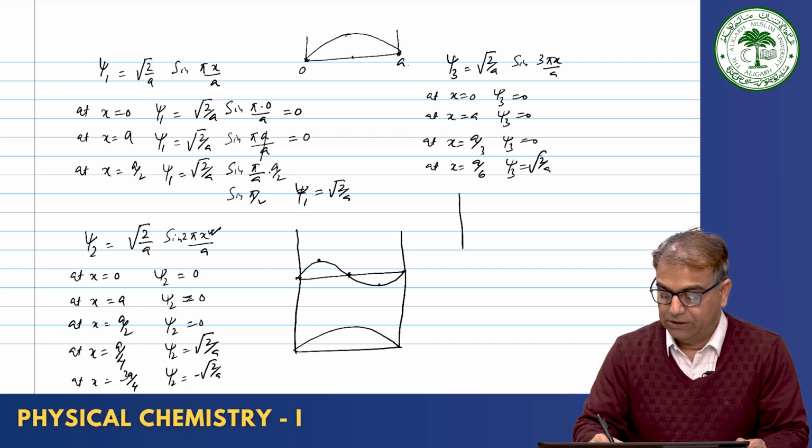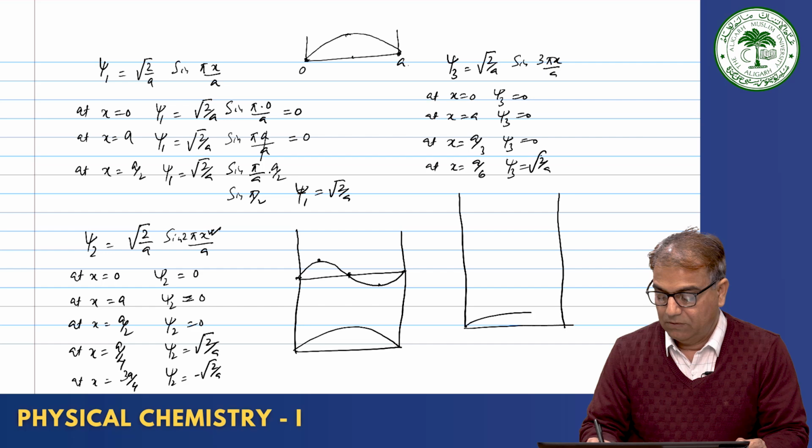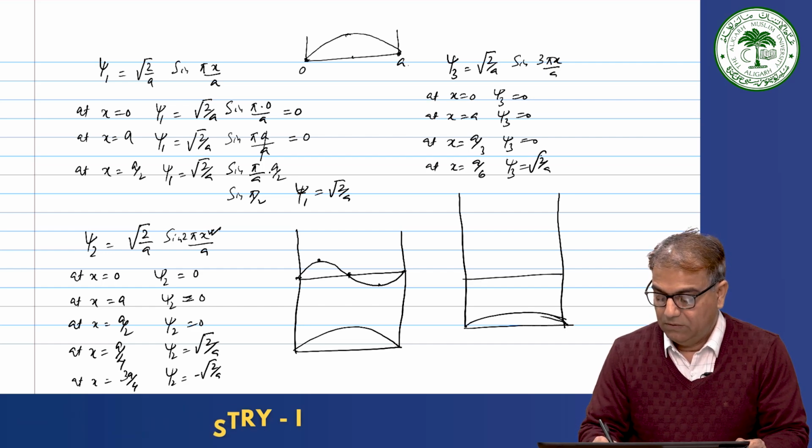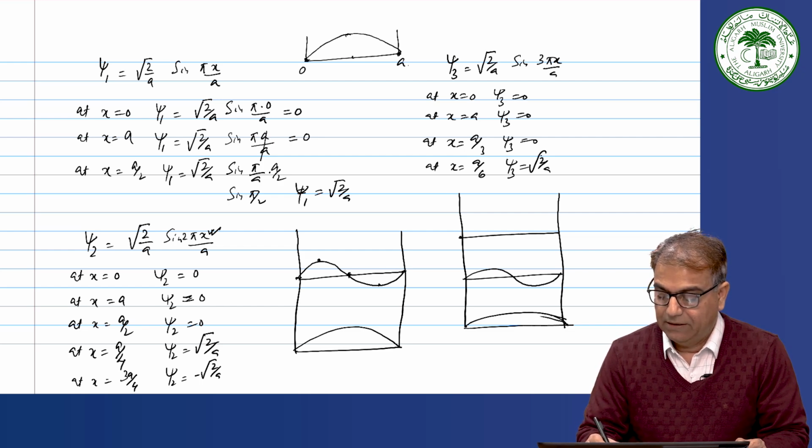And if you do this, how does it appear? First wave function, second wave function. A and A by 3 I have determined. So, cut it into 3 parts, A by 3. It will be like this one. Okay.